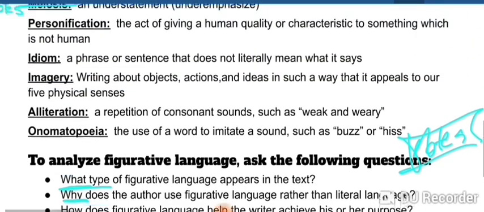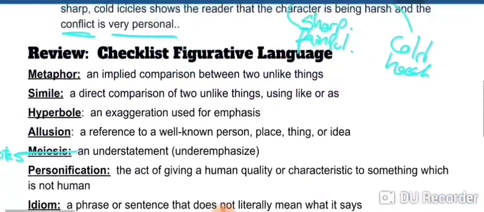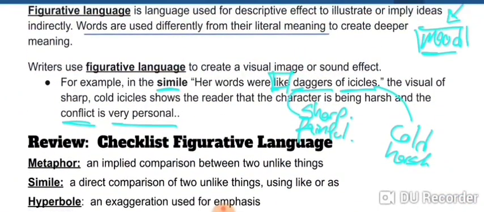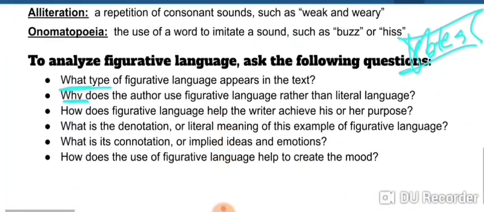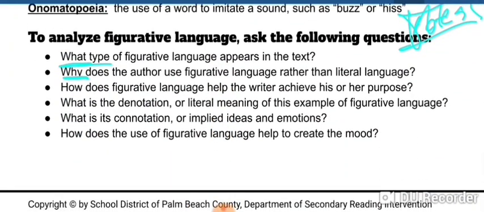For example, up here, the author really shows how angry and how personal the conflict is by using this simile, like daggers of icicles. Okay, so there's a reason the author chose that simile.